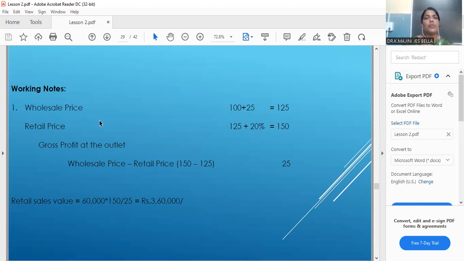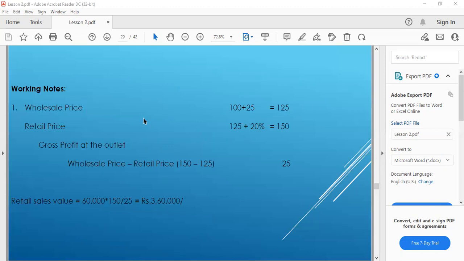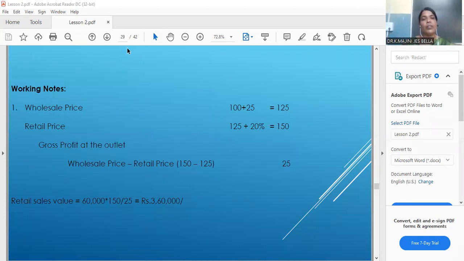Then gross profit at the outlet. How much is the gross profit of the outlet? Retail price minus wholesale price, 150 minus 125 is equal to 25.